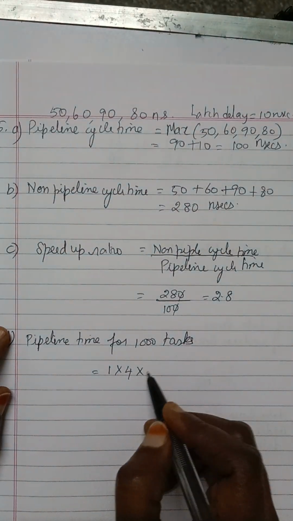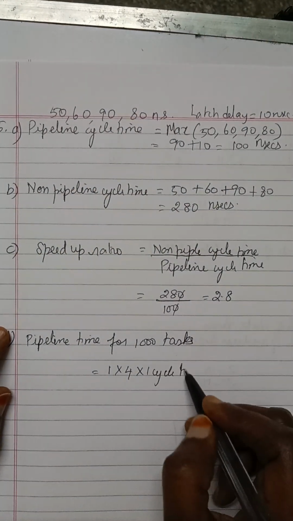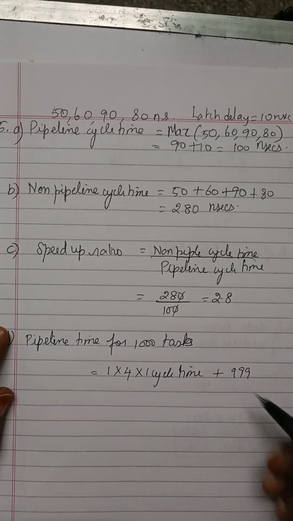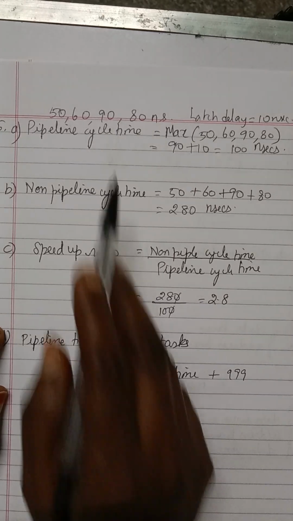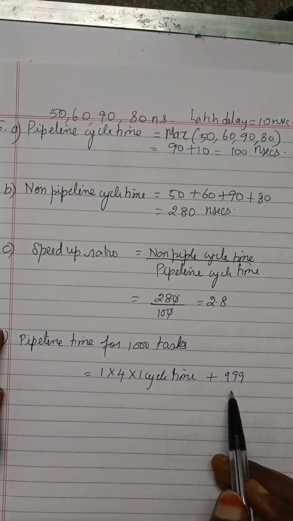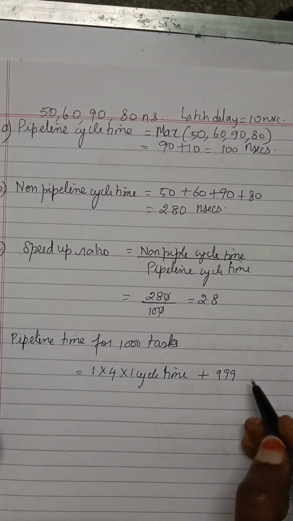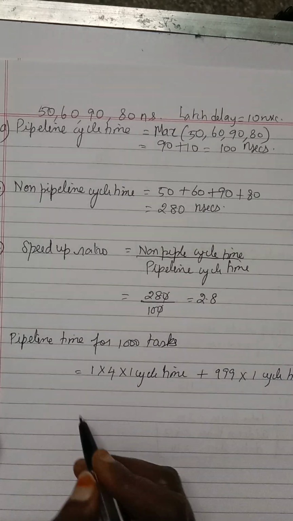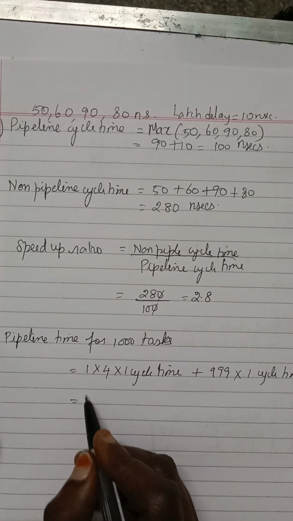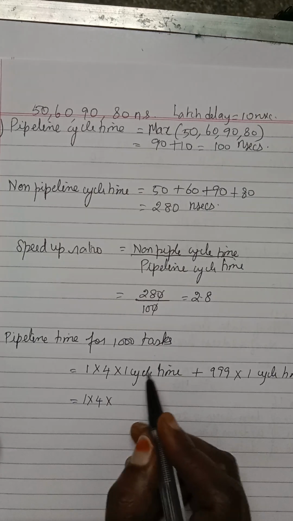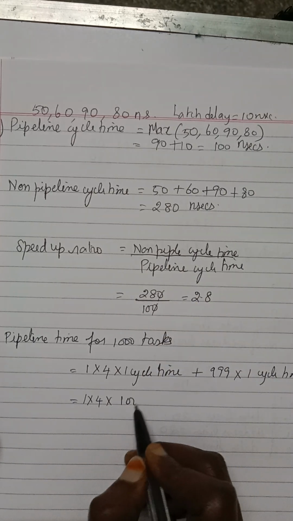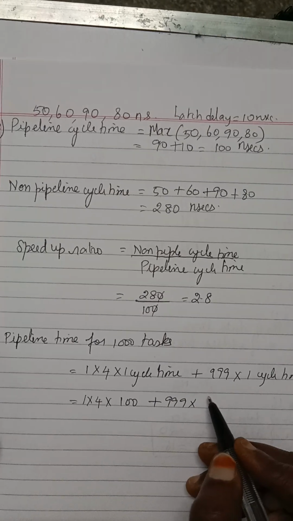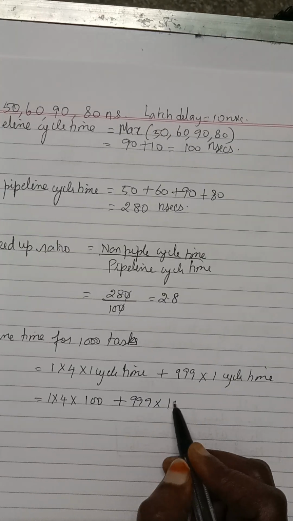So 1 into 4 into 1 cycle time, plus the remaining tasks. One task covers the 4 phases with the cycle time, and the remaining 999 tasks will be completed in 1 cycle time each. So 1 into 4 into 1 cycle time, that is 100 nanoseconds, plus 999 into 1 cycle time, 100.